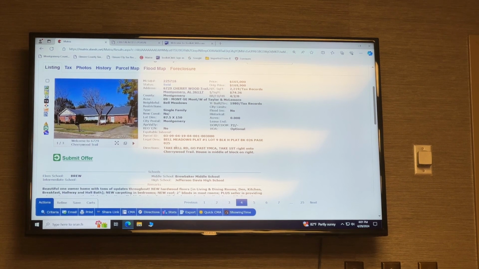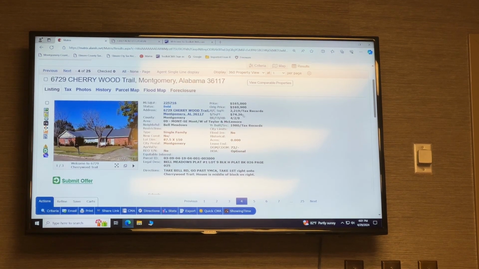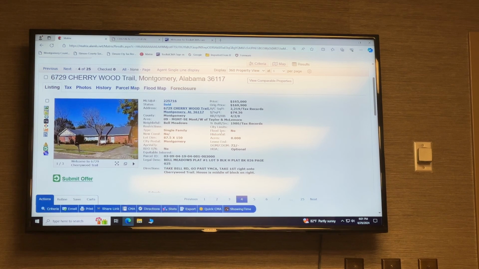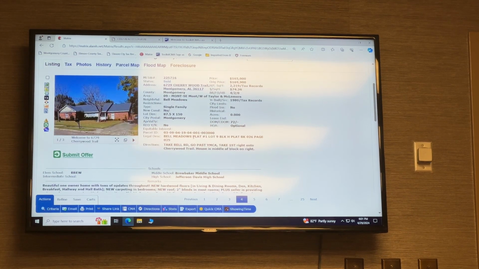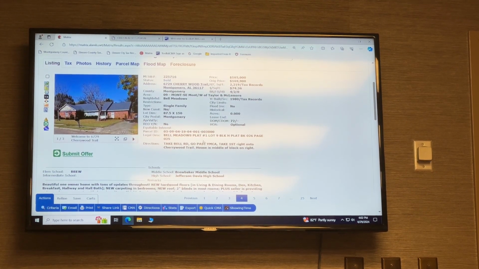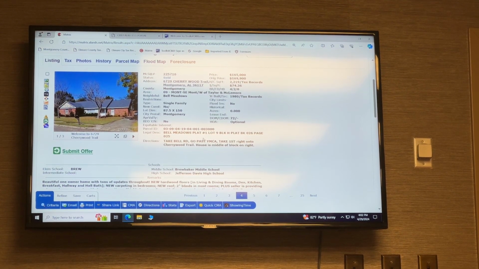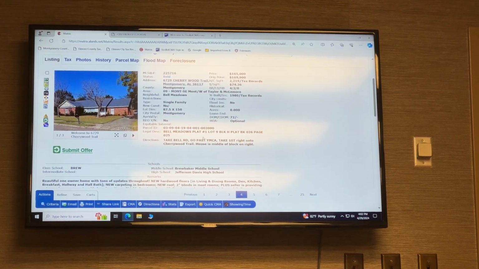There's your legal, everything's there. But you're looking for two things primarily: how big it is, when it was built, and secondarily, subdivision, Bell Meadows. That's because that's where you're going to key your searches from.